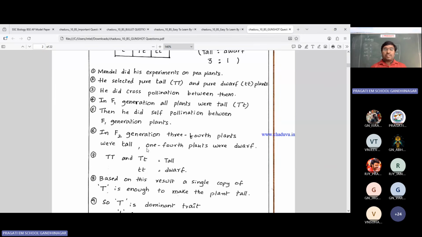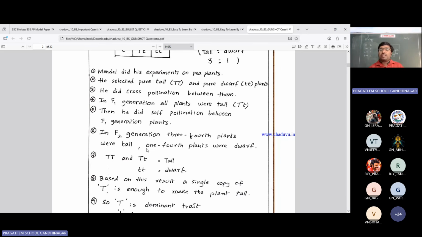In F1 generation, what is the result? All plants were tall, isn't it? Then he did self-pollination between F1 generation plants. After this, what is the F2 generation?